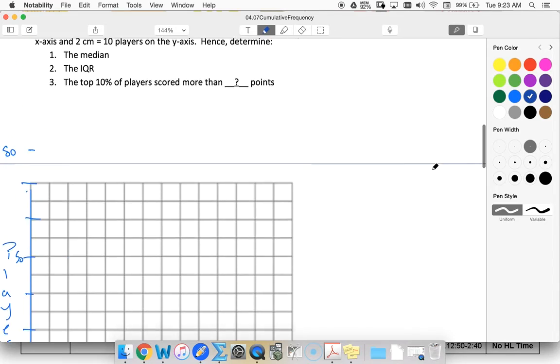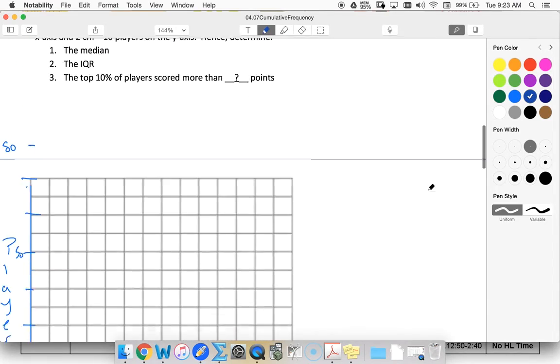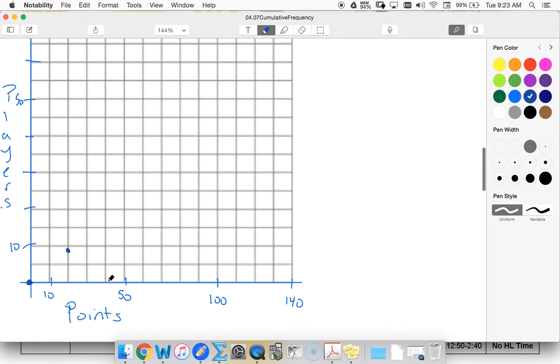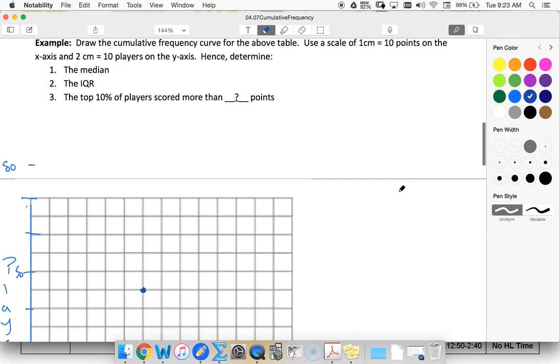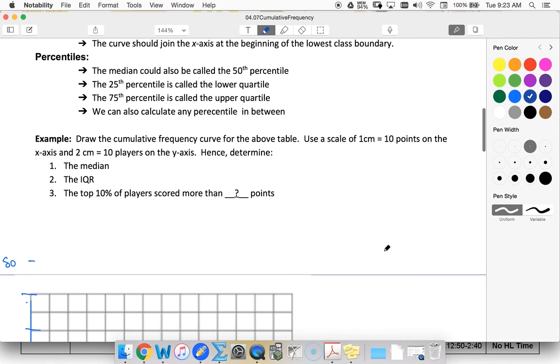And then I went 40, and my next number of players was 22. So 40, here's 20, a little bit more than that to make 22. And then I had 60 and 45. So 30, 45. After 60, we had 80 and then 60 players.